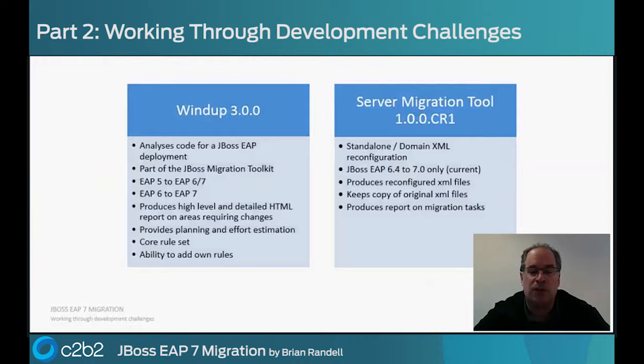In terms of configuration code, there's a product called the Server Migration Tool, which has recently gone into CR1 version. Now that is very limited in the versions that it can migrate from. It currently only does EAP 6.4 to 7. And basically what it is doing there is configuring your standalone and domain XML files, so your standalone.xml, for example, to utilize the new JBoss 7 components and the renaming and remanufacturing of those.